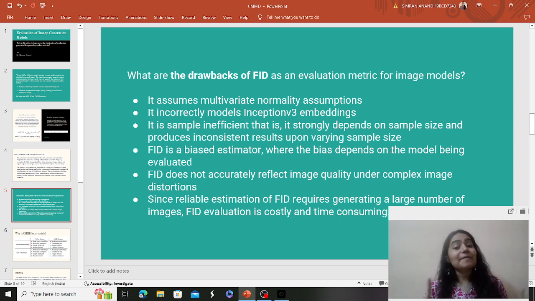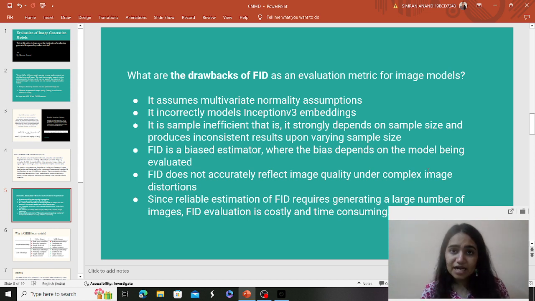That is the reason it is sample inefficient. We want a metric which is sample efficient, which should not be highly dependent on the sample size. Even if I decrease or increase the number of images, it should not affect the metric. FID is a biased estimator where the bias depends on the model being evaluated.